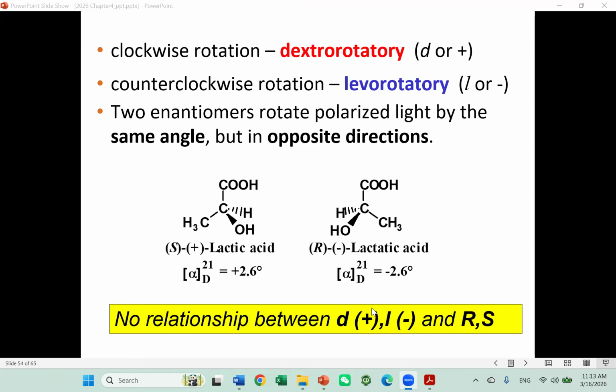That's why when you see chemical labels, quite often people label both enantiomers with R and S, and also plus and minus for the plane polarized light directions. They are different. It really depends on the measurement of the light rotation directions.